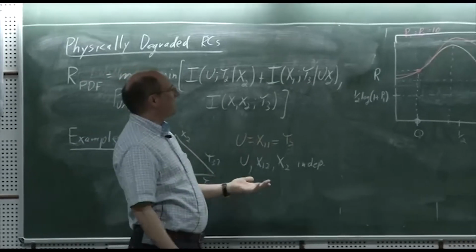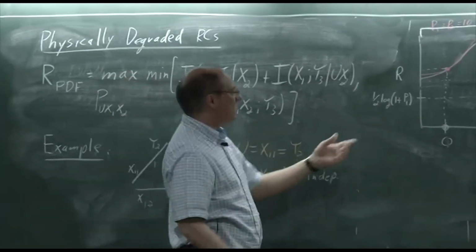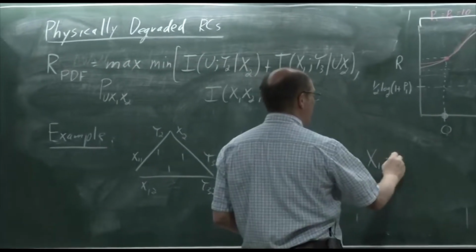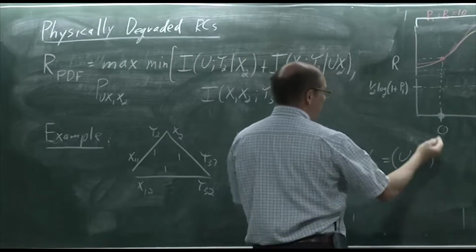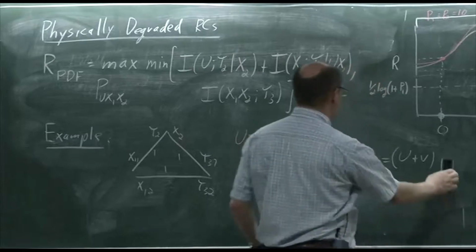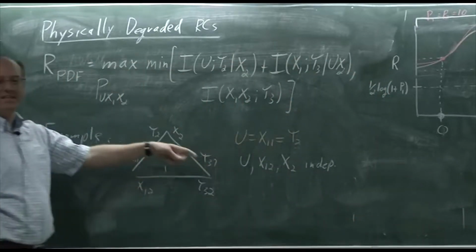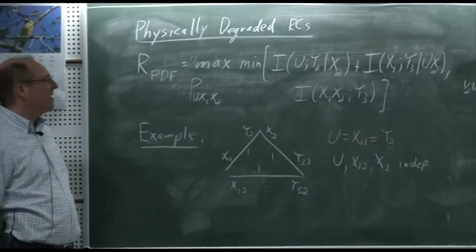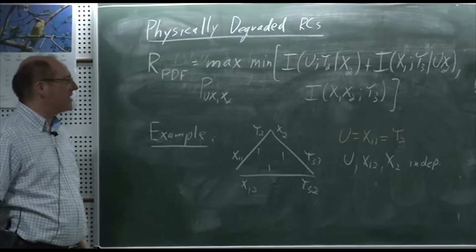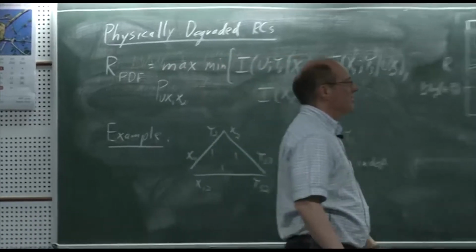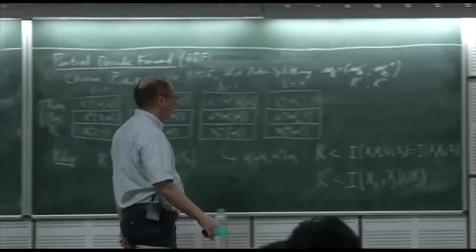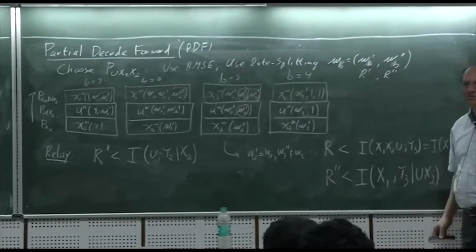If we wanted to be very explicit about it, we could have just said, well, let's choose x1 to be something like u plus v. Well, for wireless channels we can do this. I can't do it here, not for this network. Anyway, you get the idea. So this is just a way of including routing into the information theory. That's what's happened here. Okay, questions?